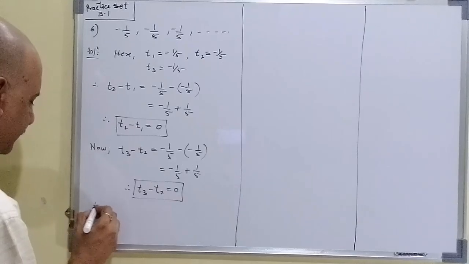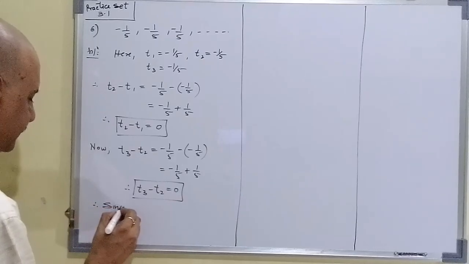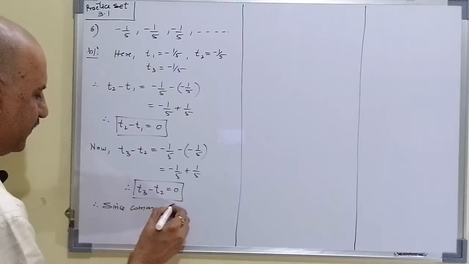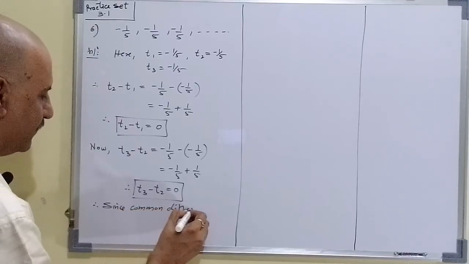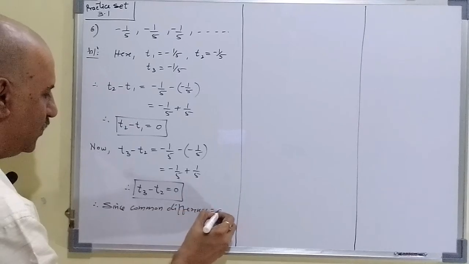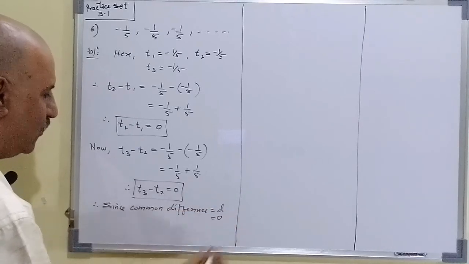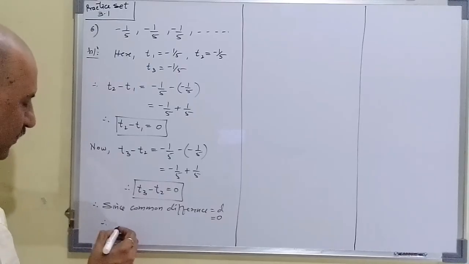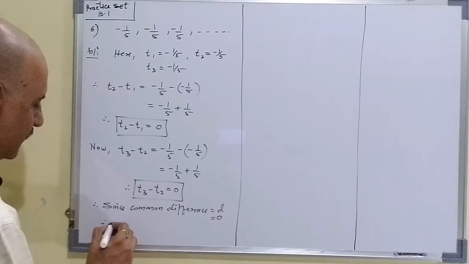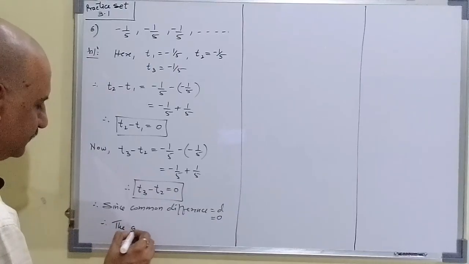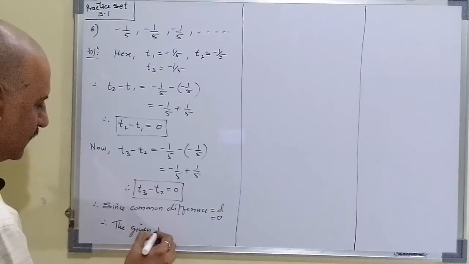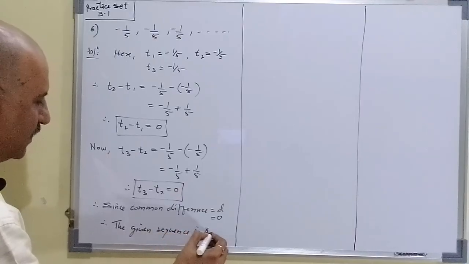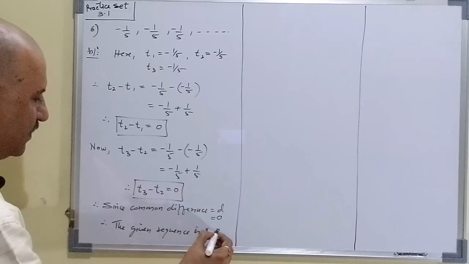Now therefore, since common difference equal to D is 0, constant. Therefore, the given sequence is A.P., arithmetic progression.